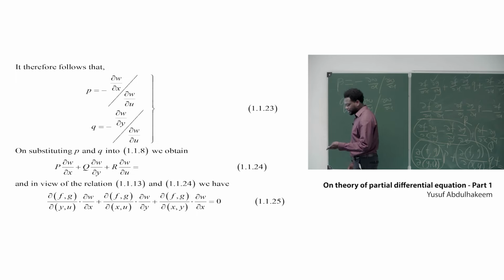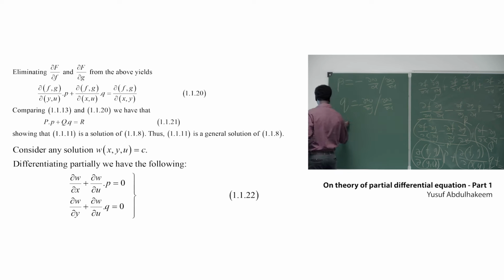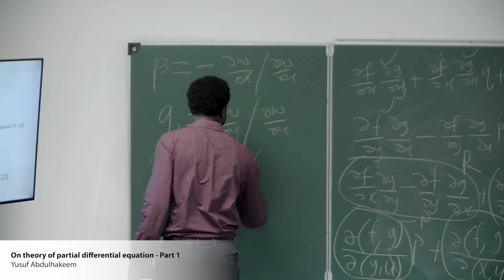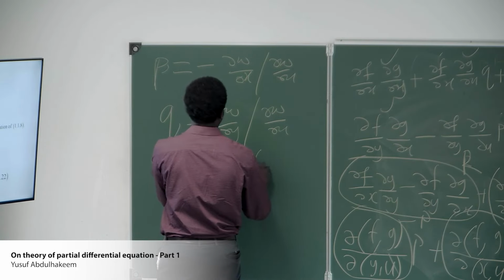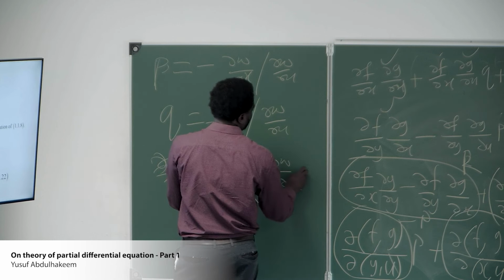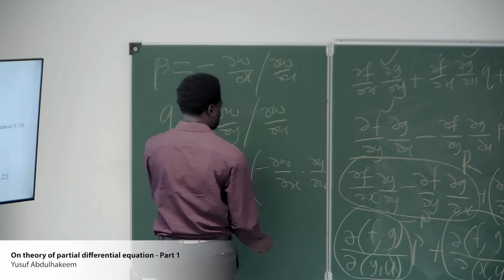So if we go back now and substitute them into this, we can see clearly that we are going to have ∂ω/∂x plus ∂ω/∂u, then multiplied by what we have here as our P, which is giving us minus ∂ω/∂x. Then we can just change this as ∂u/∂ω.